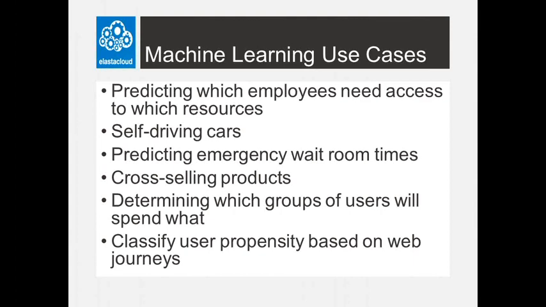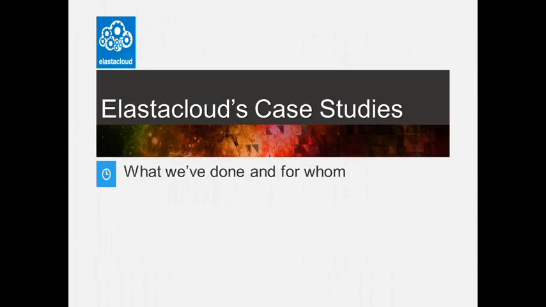There are some very tried and tested ways of using machine learning to do that kind of thing, and then to classify users' propensity to spend or to give or to do any kind of activity based on the journey that they take through a website. Next slide, please.